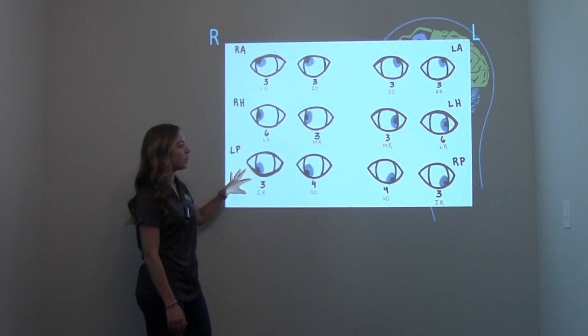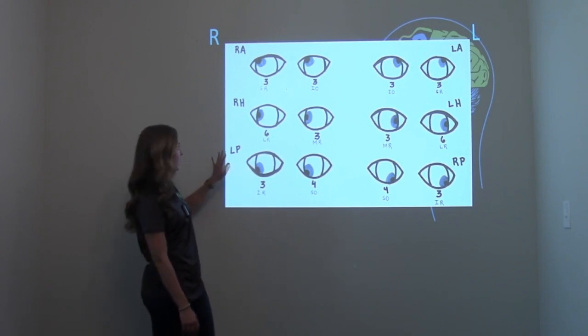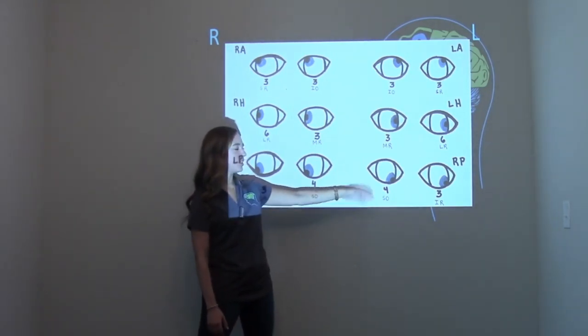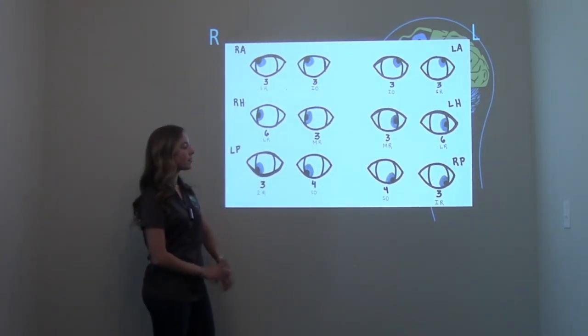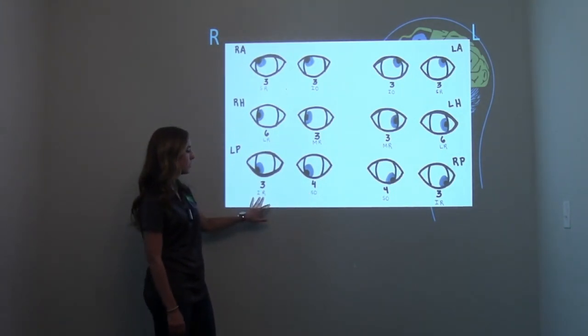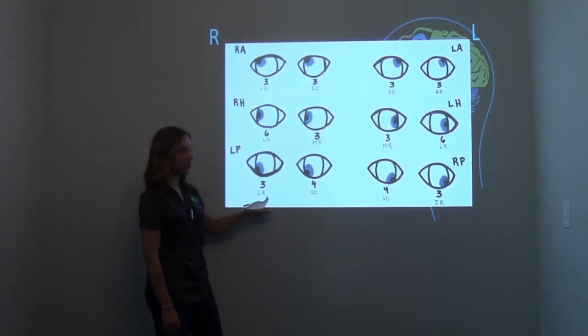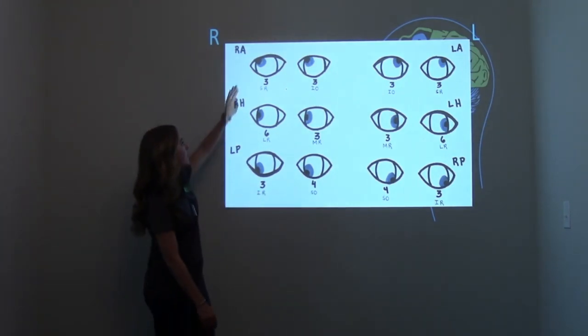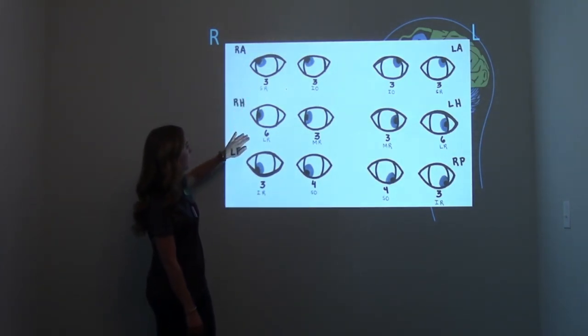And then for your posterior canals, notice this is the left posterior looking down into the right, and this is the right posterior looking down into the left. You're going to be using your superior oblique and your inferior rectus, so you're going to be using cranial nerves 3 and 4. So anteriors 3-3, horizontals 6-3, and posteriors 3-4.